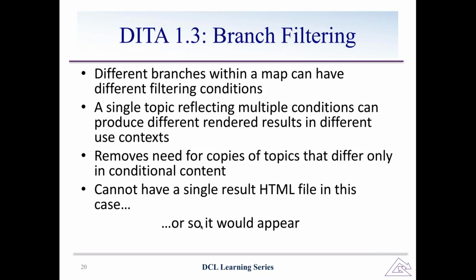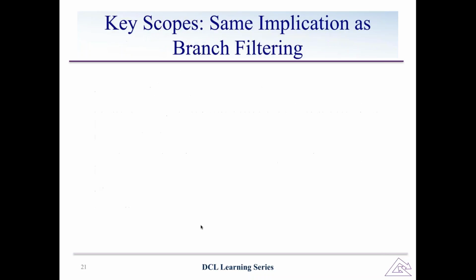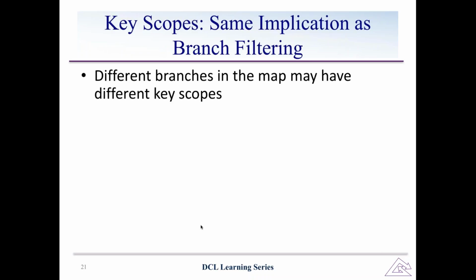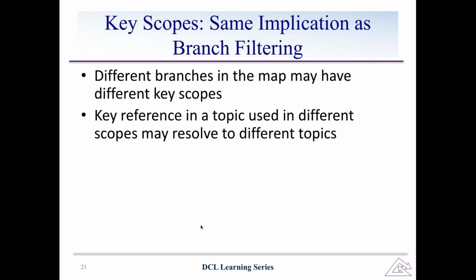Or can we? Right? Is there a way that we can still have a single result HTML file but get the delivery results we want, that is, that the filtering gets applied? Right? So I've been focusing on branch filtering, but keyscopes have the same implication as branch filtering. Right? So different branches in the map may have different keyscopes.